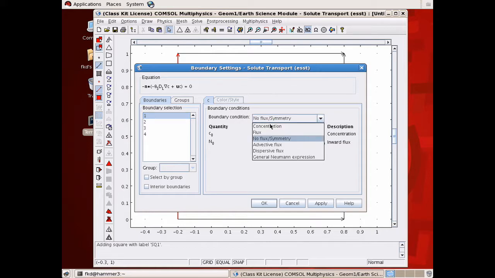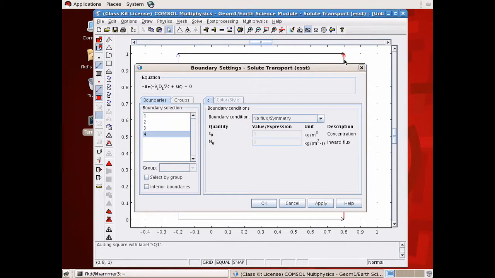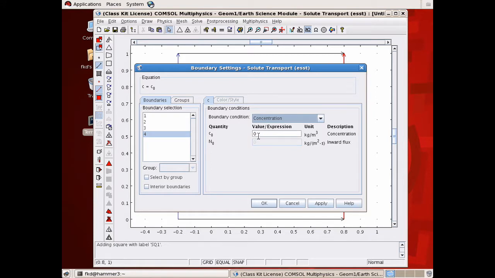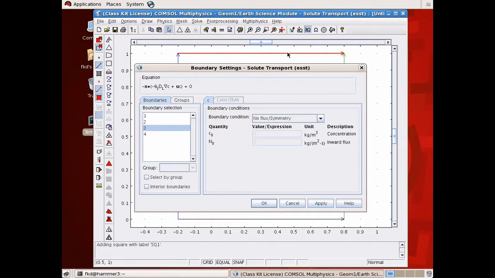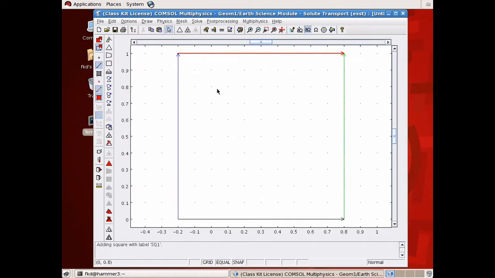So concentration of 1 upstream, 2 downstream. See if we can make it 0 as we had before. The other boundaries are no flux, so there's no flux out of the side for top and bottom.